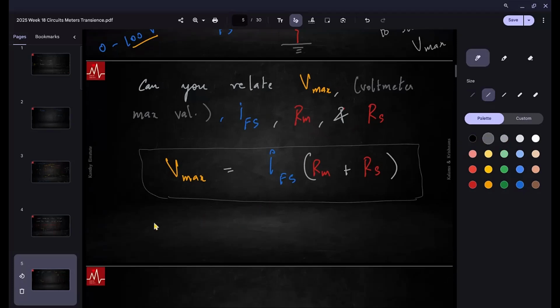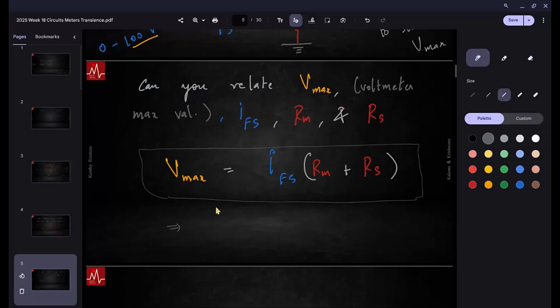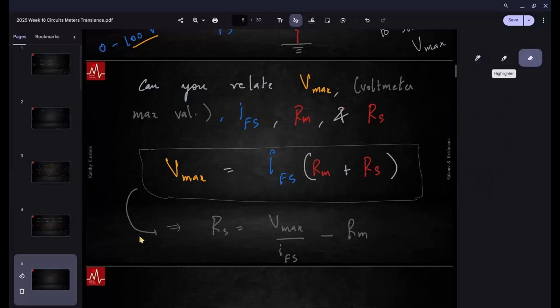Notice this specifically, that would imply your RS should be Vmax over IFS minus RM. You could rewrite this same equation this way, but I suppose whatever I box is straightforward as such.